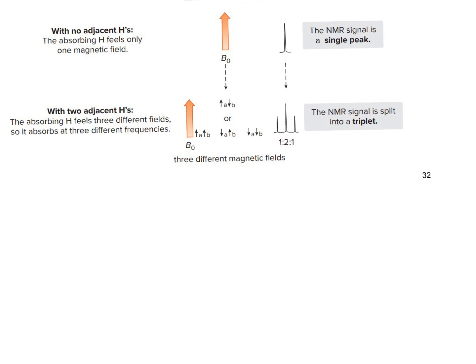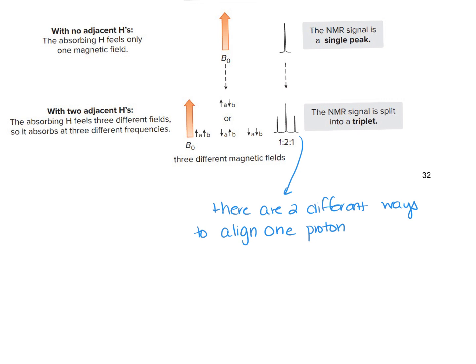Well, there are 2 different ways to align one proton with B naught and one proton against that B naught.